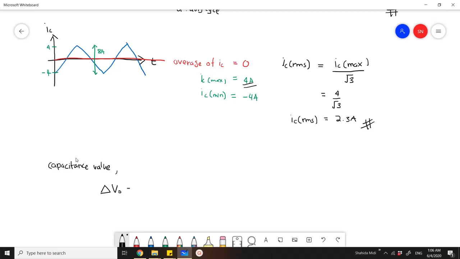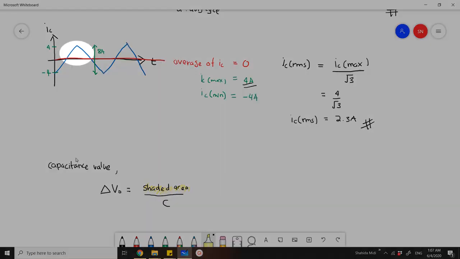This is the equation with the shaded area over C. Again, this shaded area over here is this area.